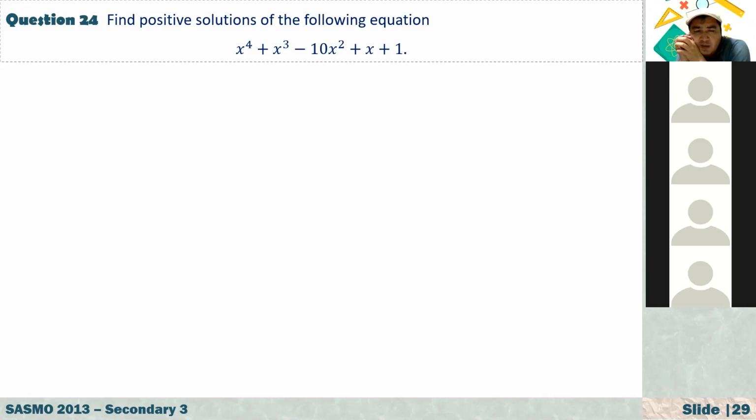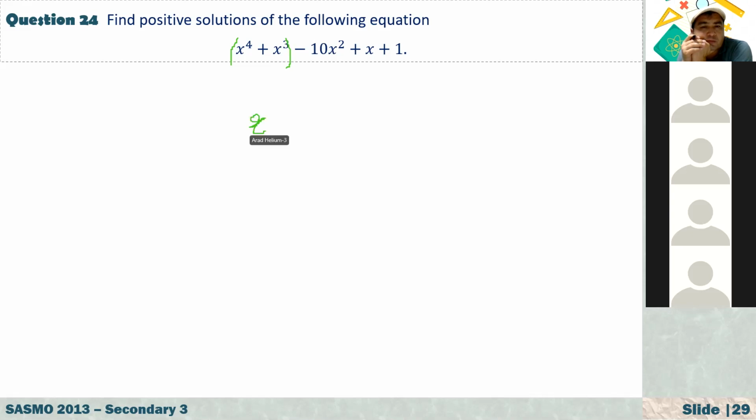We can take x squared out of x to the power of 4 and x to the power of 3. One second, I will show you. From this equation, we take x to the power of 3 out.